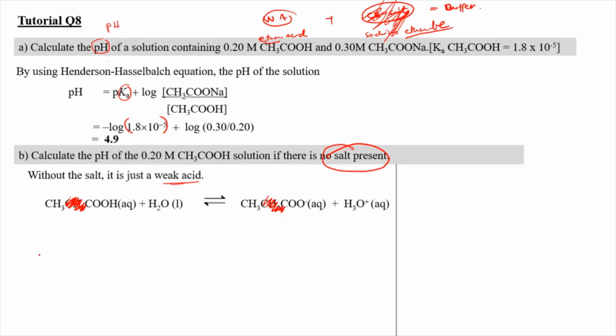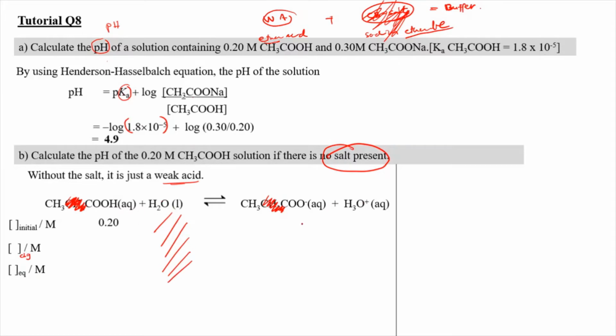So as usual, we need to do the ICE table, which is the initial concentration, the change in concentration, and the concentration at equilibrium. At the initial stage, the concentration of the ethanoic acid is going to be 0.2. The concentration of the water here can be eliminated because it refers to a pure liquid.